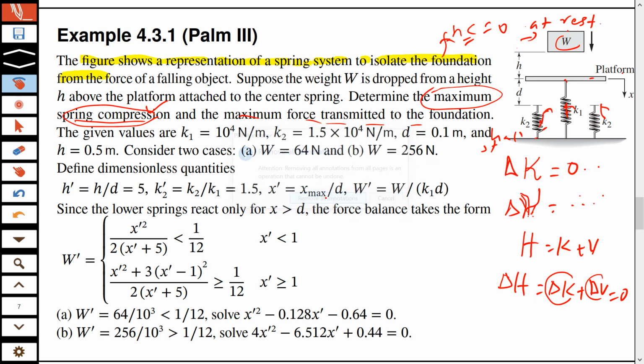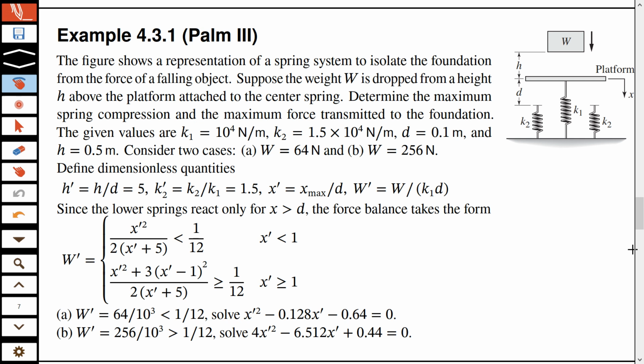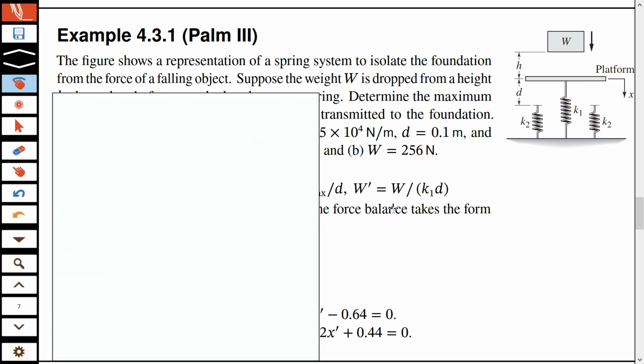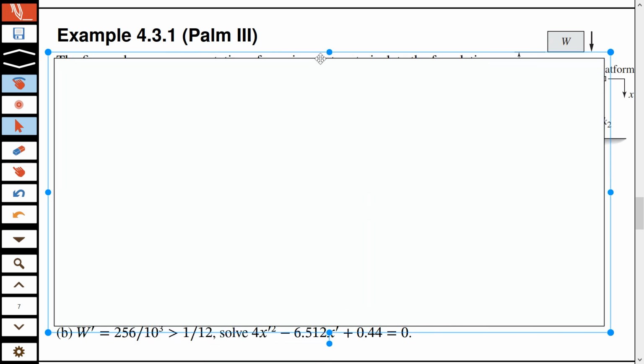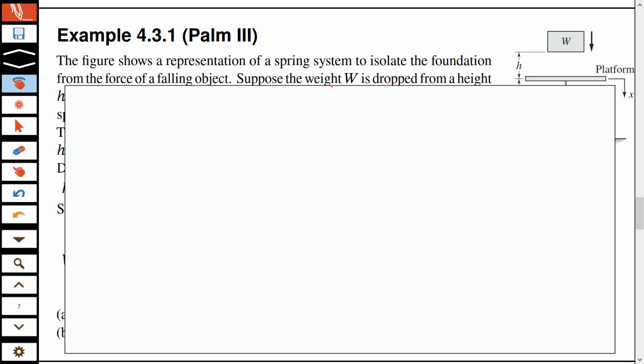Let me draw a white rectangle so that I can hide some of the details, and we focus on the potential energy, because we know change in kinetic energy is zero, and we need to find out an expression for the change in potential energy, and that must also be zero.